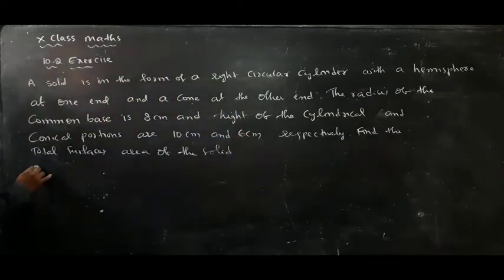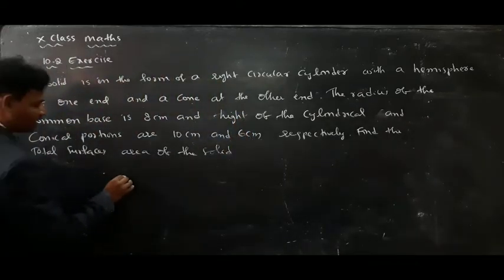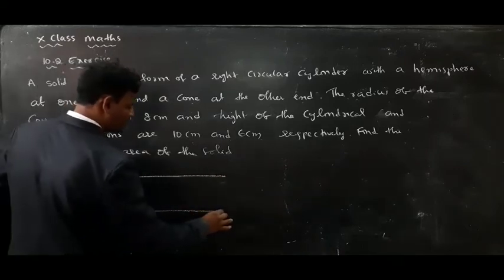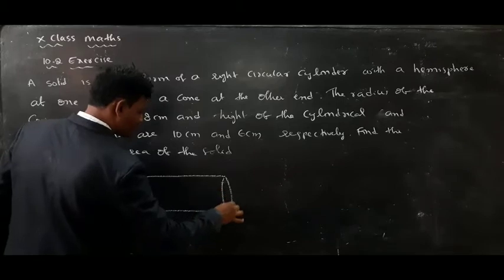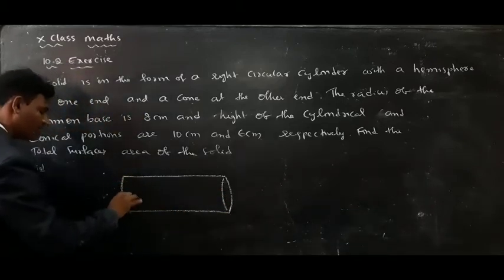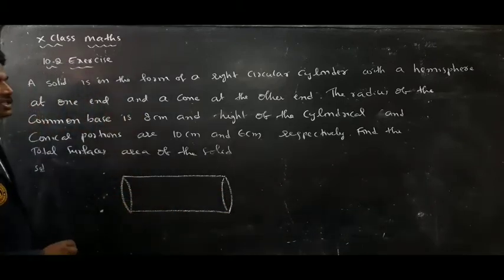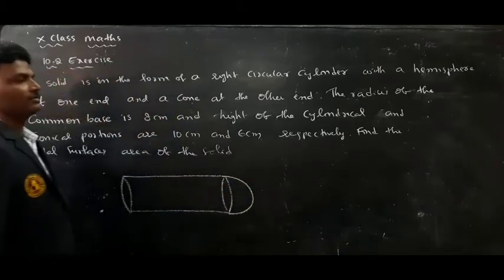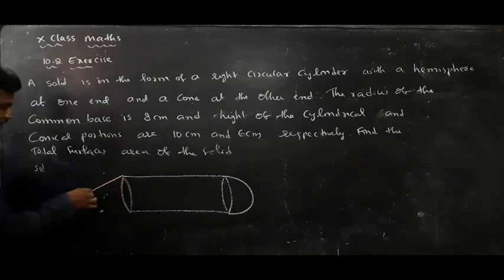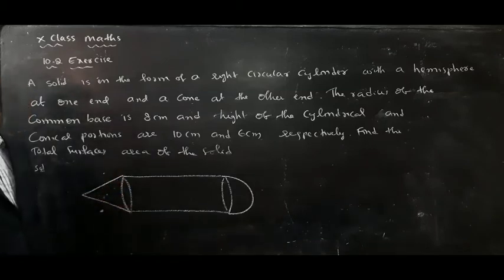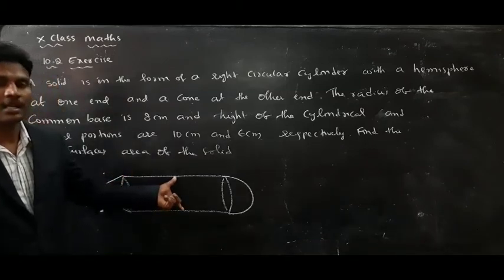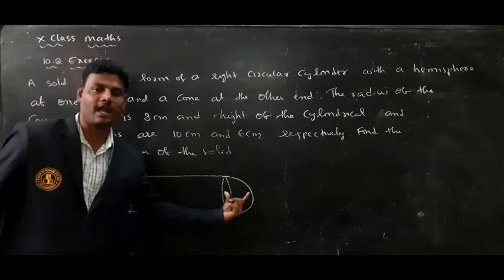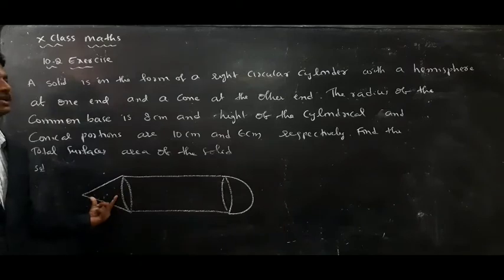Solution: here one solid is in the shape of a cylinder. To one end of this cylinder, one hemisphere is attached, and to the other end, one cone is attached.